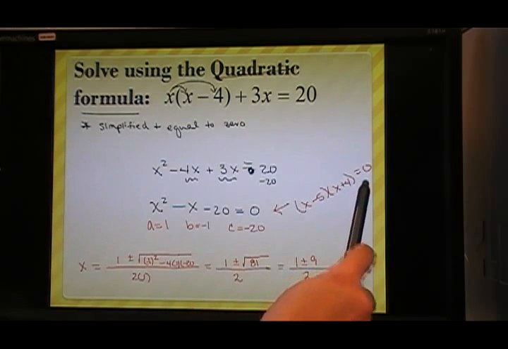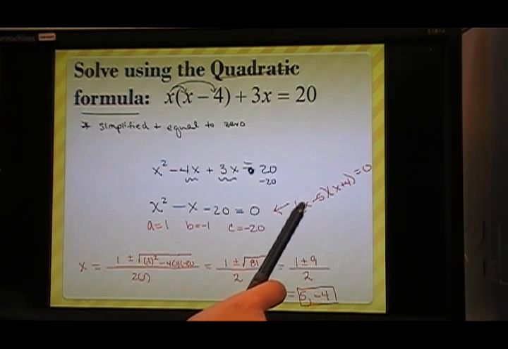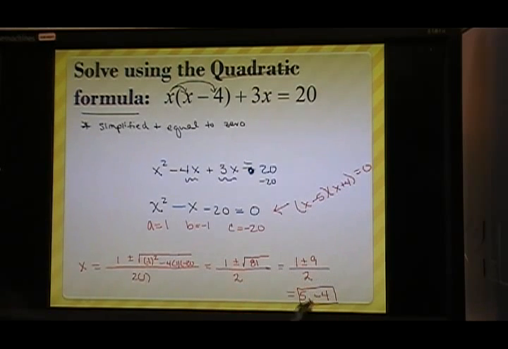And from the factorization, for the product to equal 0, your x would have to either equal 5 or negative 4, which is the same thing we get when we solve by factoring as when we use the quadratic formula. Regardless of the method, the solutions should be the same. Okay?